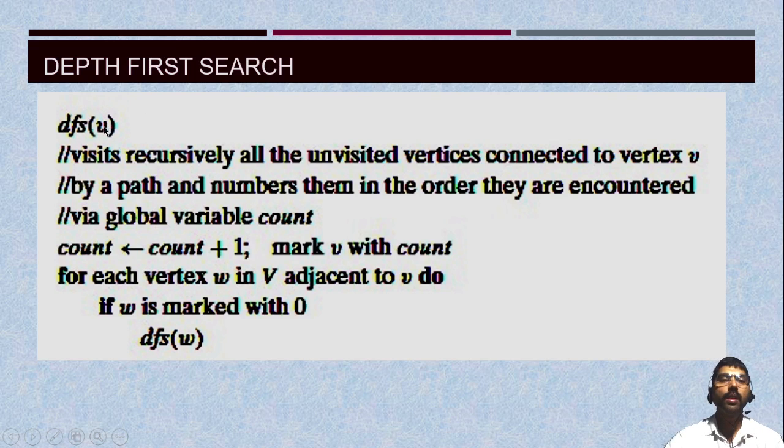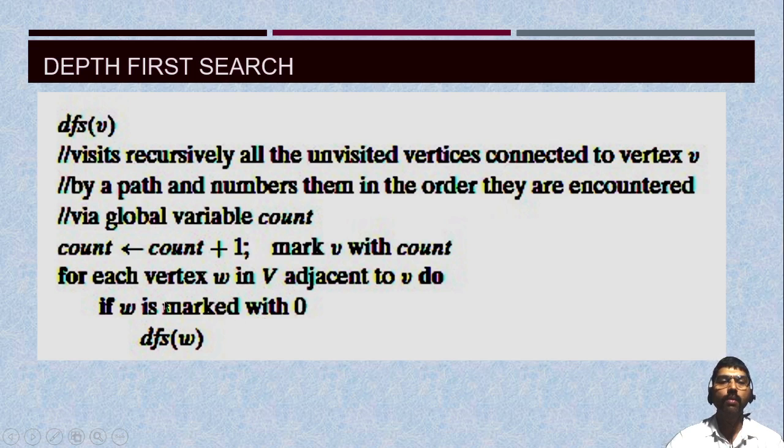Means we have to apply the algorithm again one more time. The count value 2 is given to the next adjacent vertex. Again, it goes in depth. It goes in depth until there are no unvisited edges.